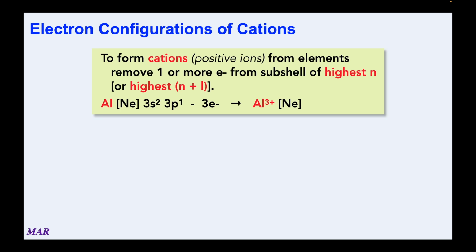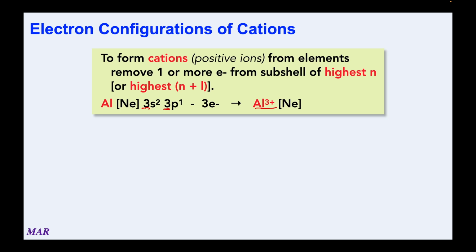When you want to make a positive ion, you remove one or more electrons from the subshells of highest n or highest n plus l. And I'll talk about what that means here in a little bit. Now, aluminum likes to make aluminum plus 3. So that's removing 3 electrons. So highest n or highest n plus l, we're going to take them from n equals 3, because that's higher than the 1s2, 2s2, 2p6, the n equals 1 and n equals 2 of the lower ones.